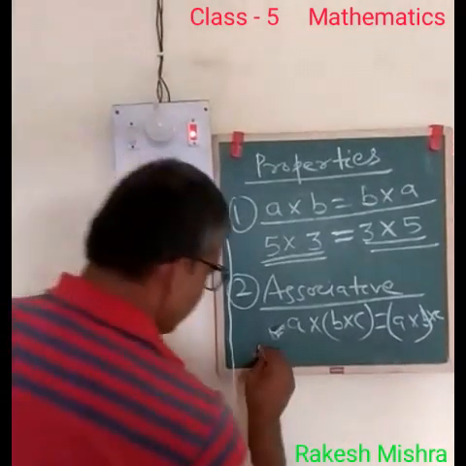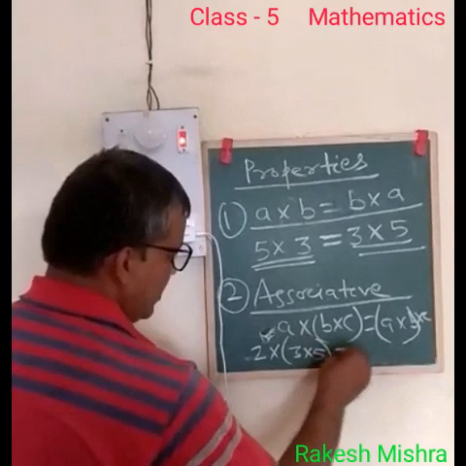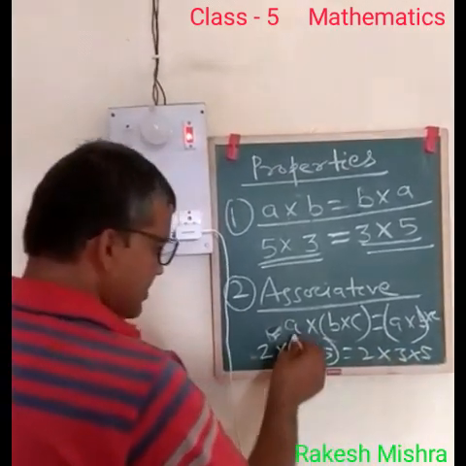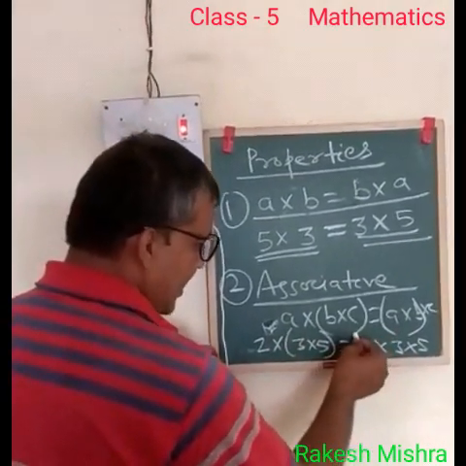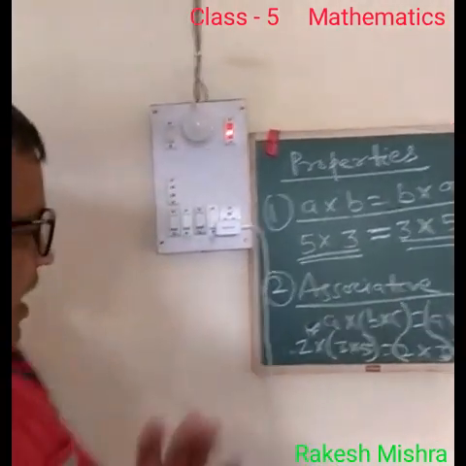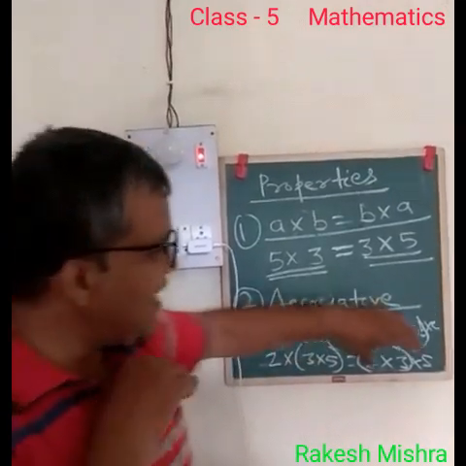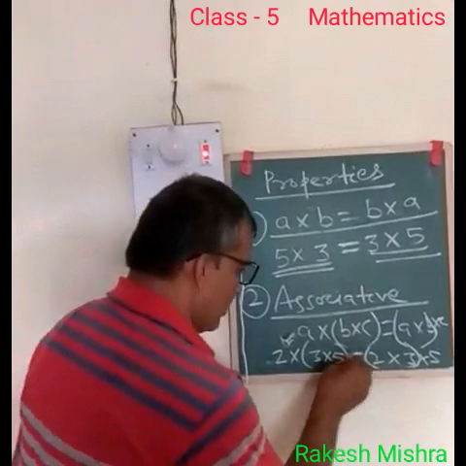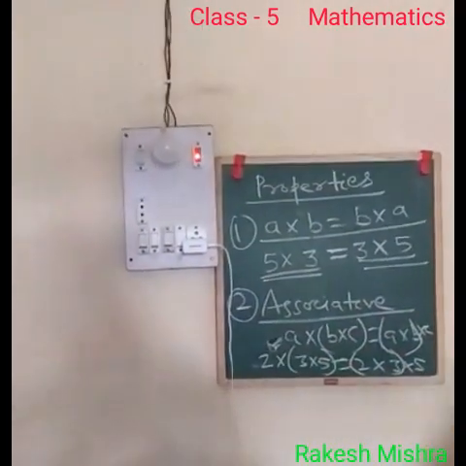As for example, 2 into (3 into 5) is equal to (2 into 3) into 5. Here 3 into 5 is in a bracket, but on this side 2 into 3 is in a bracket. Result of LHS, left hand side, and result of RHS, right hand side, will be equal. This property is called associative property.